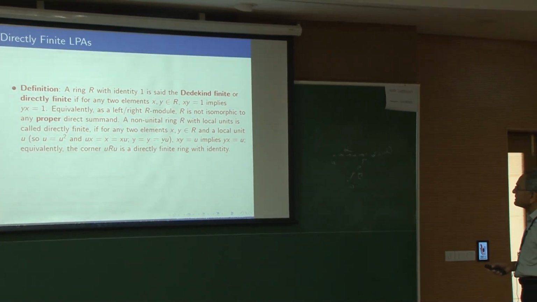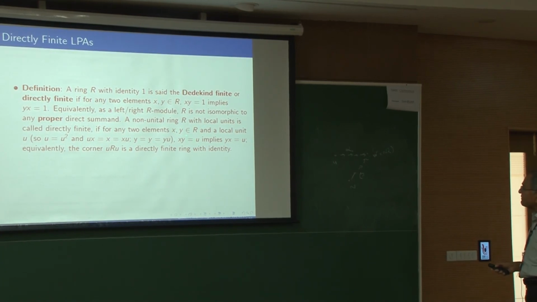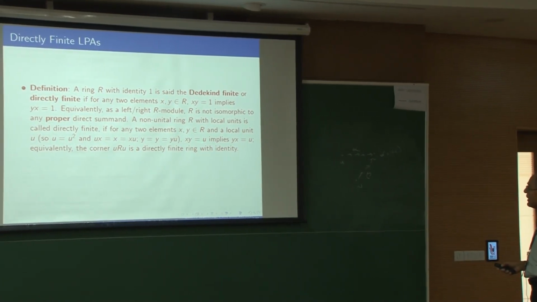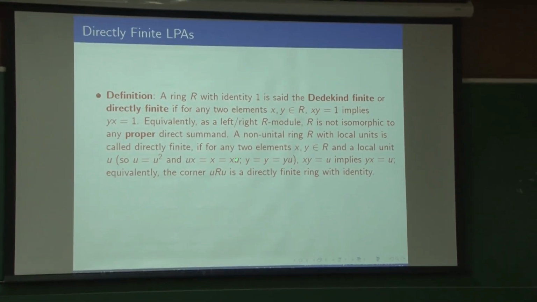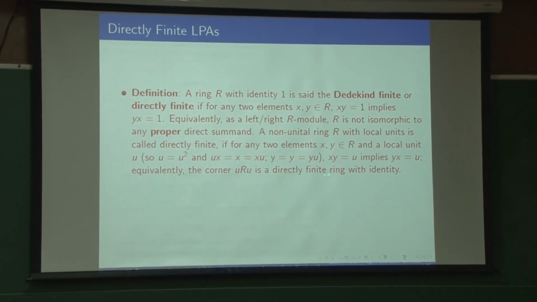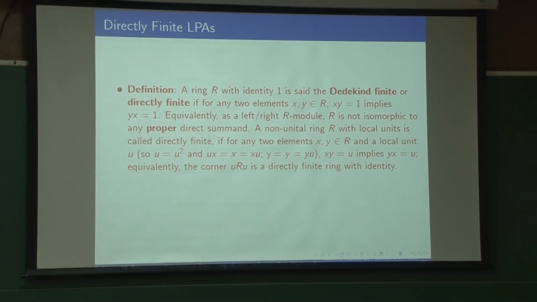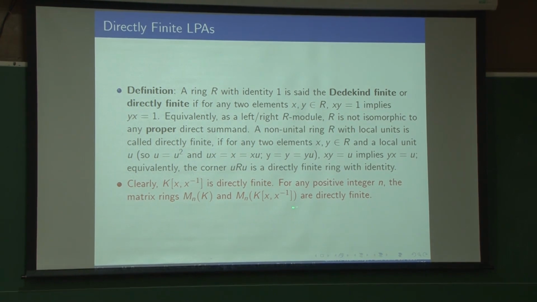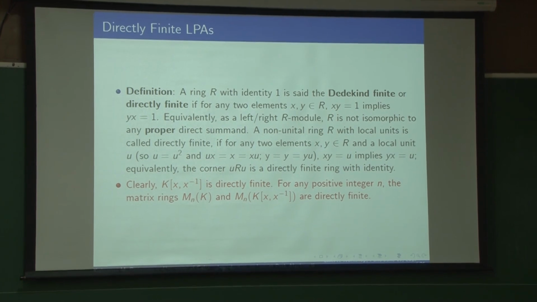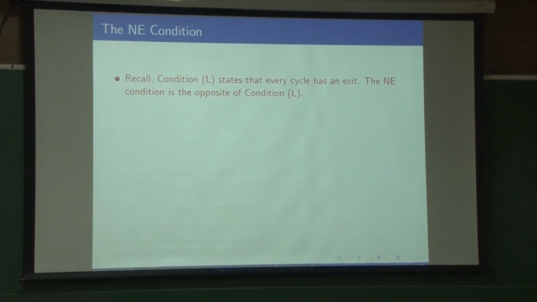It's directly finite if given elements x and y with a local unit u, xy equal to u implies yx equal to u. That's the same thing as saying uRu is a directly finite ring with identity. Again, here is an example. You can see that K[x] is directly finite, and for any positive integer n, the matrix ring over K[x] is also directly finite.